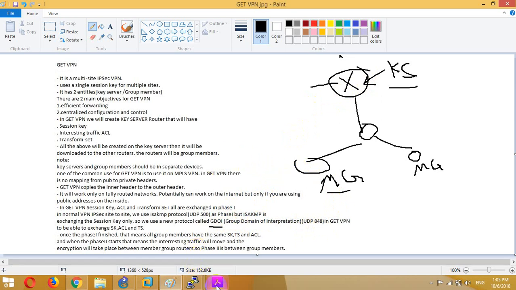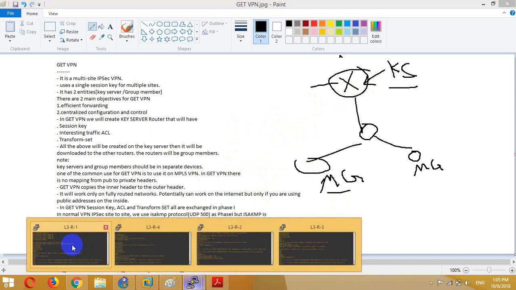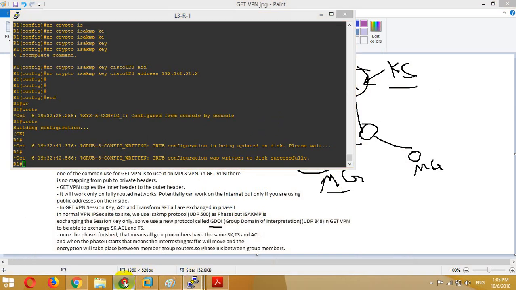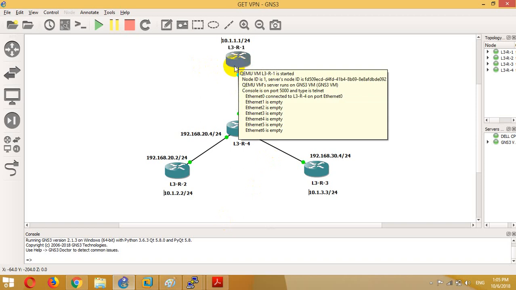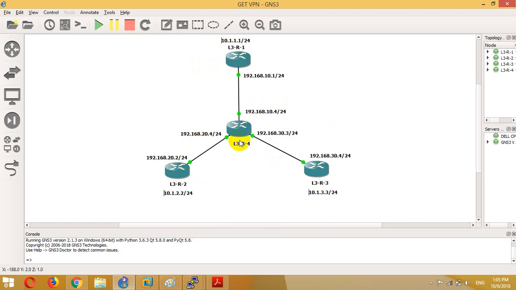Okay, so let's go to the configuration and see how we configure it. Here, guys, first I want to show you the topology that I'm going to use to configure GET VPN. I have 3 locations, location number 1, 2, 3, and here is the internet.